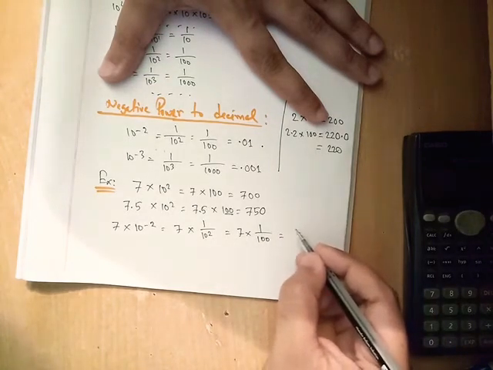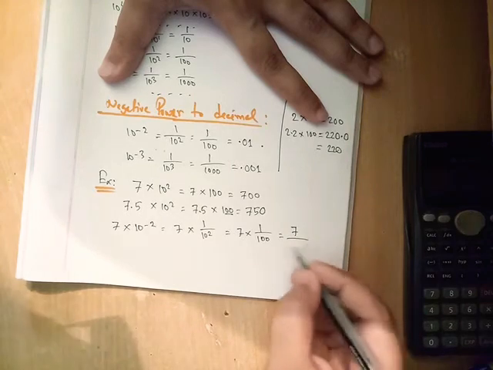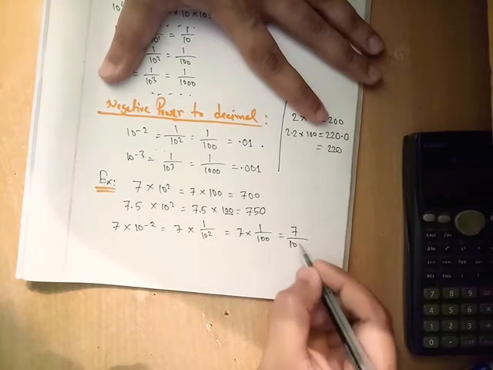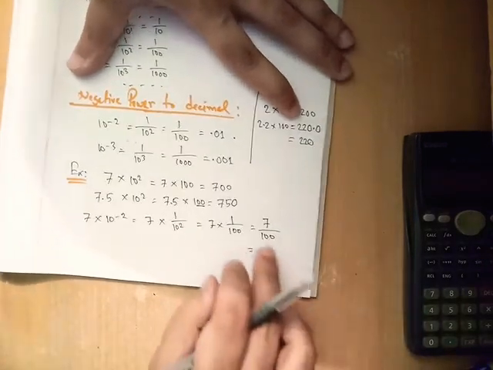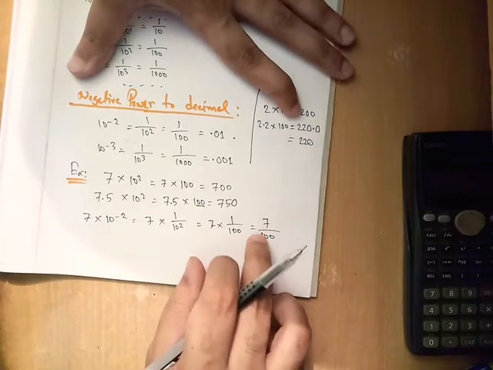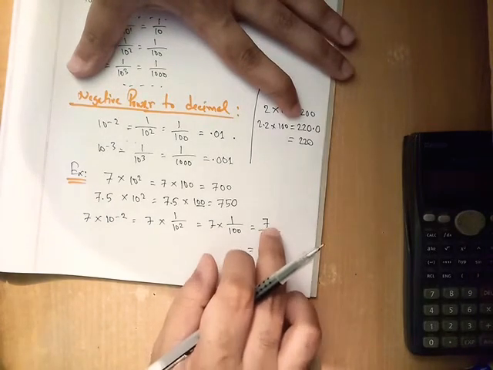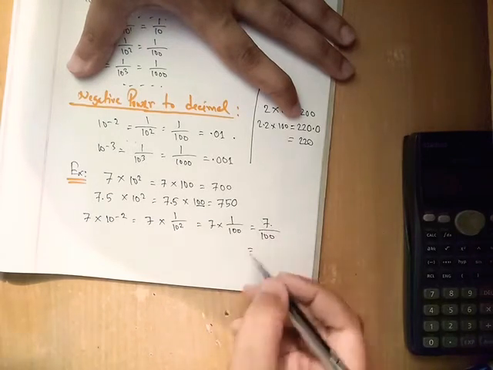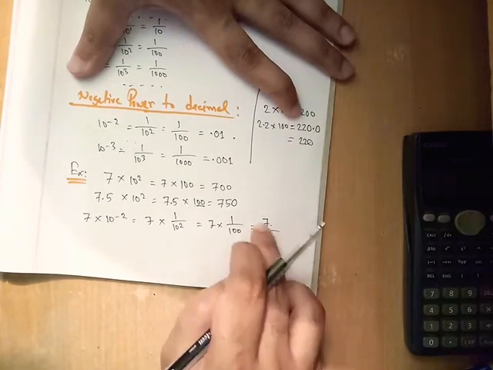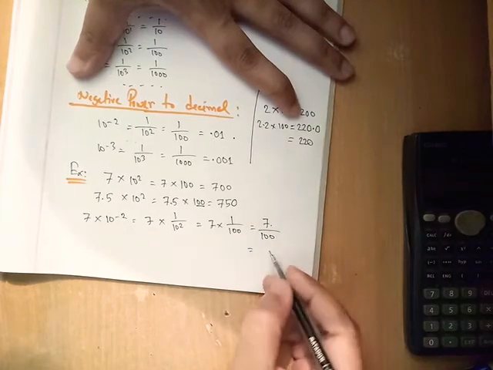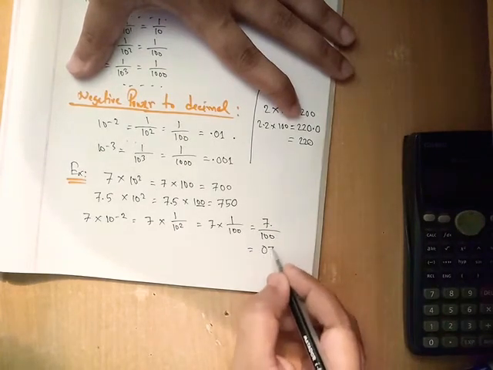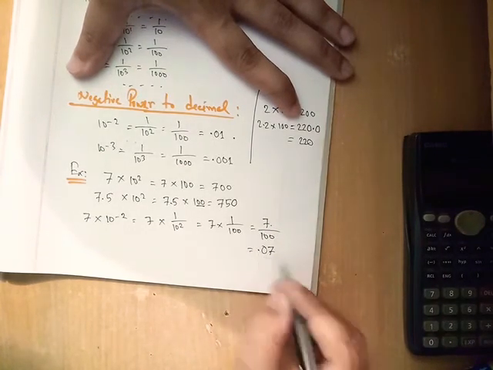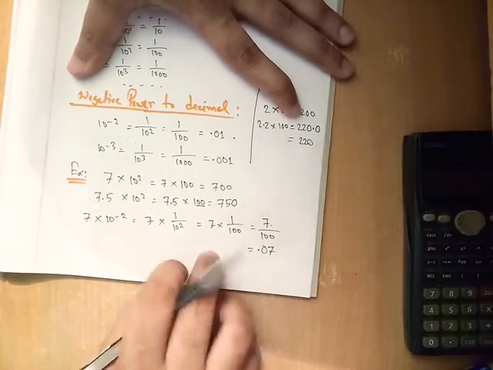So 7 into 1 basically gives us 7, and in the denominator I have 100, right? Now how do I do it? I'm dividing a whole number by 100, so the decimal place from here will go 2 places to the left, as there are 2 zeros. So I have only 1 digit here, so a vacant space, fill that up with 0, write the 7, and at the extreme left put the decimal point, right?